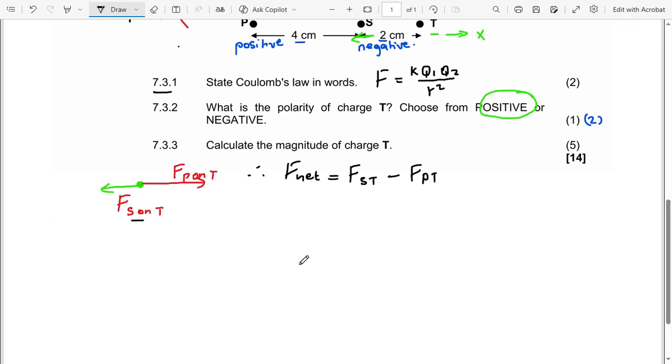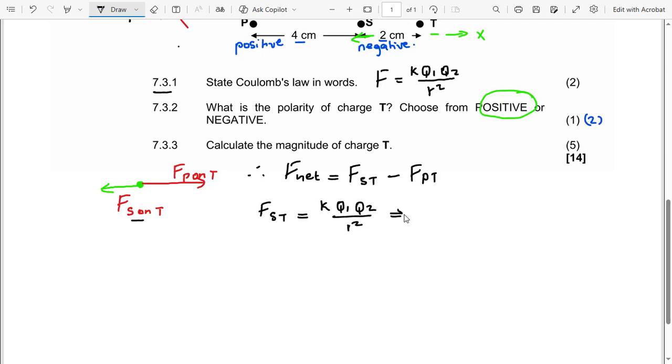I'm going to first find the force of ST, for which we're going to use the formula K times the two charges over R squared.